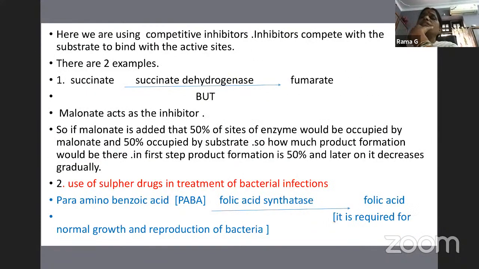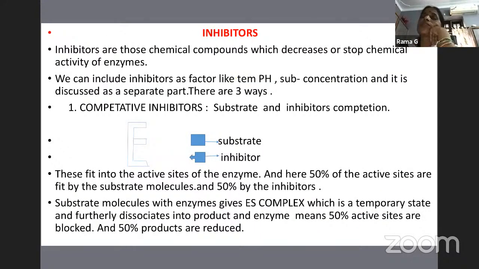Competitive inhibitors are the inhibitors which decrease the production rate gradually. That means substrate molecules and inhibitor molecules both equally share the active sites of the enzyme and give complexes. The enzyme substrate complex is temporary, but here the enzyme inhibitor complex is not temporary, it is permanent.